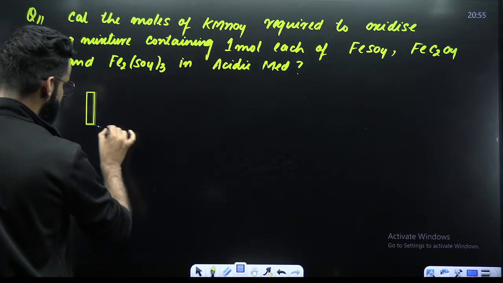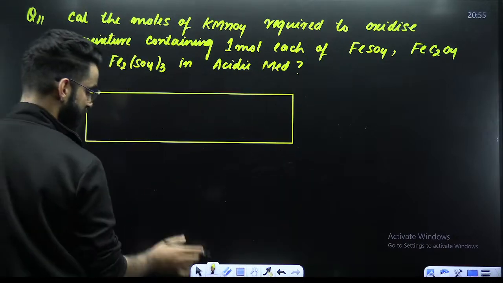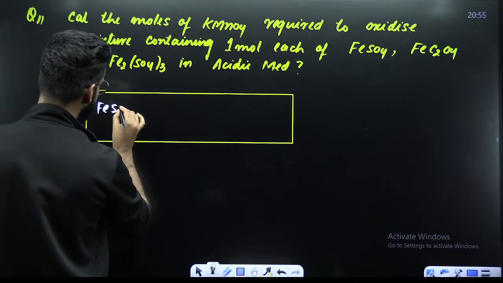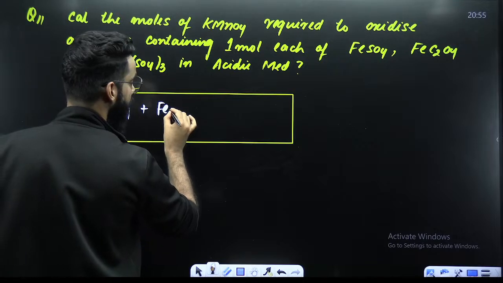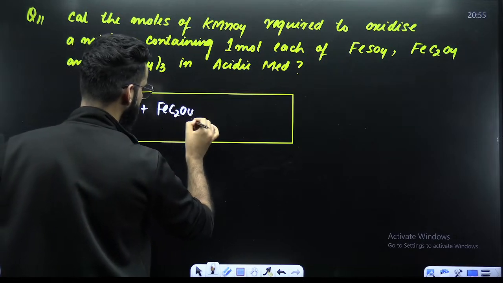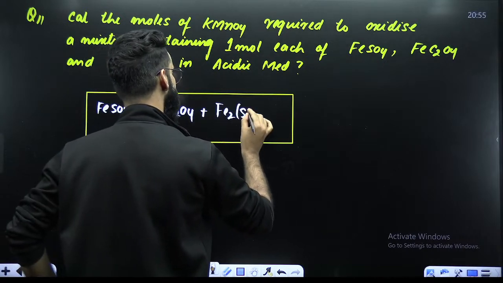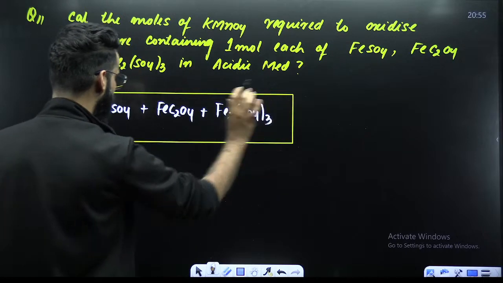See, as far as the question is concerned, imagine this is the container which we have. And in this container, as per the question, you have got FeSO4, with FeSO4 you have got FeC2O4, and with that you have got Fe2(SO4)3, right?